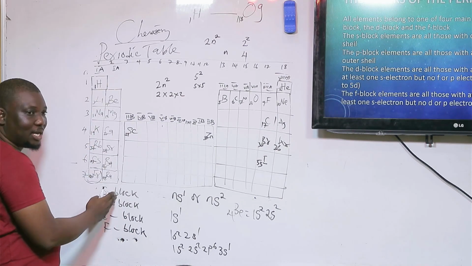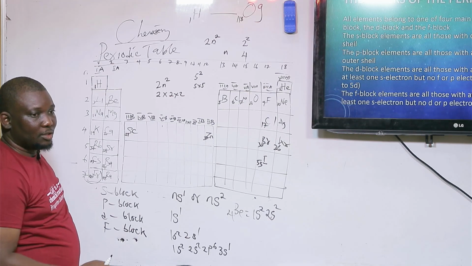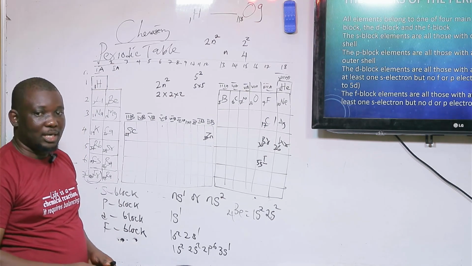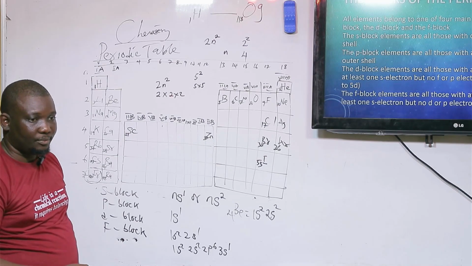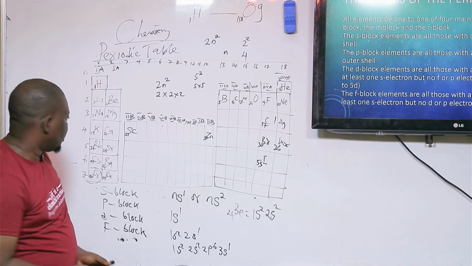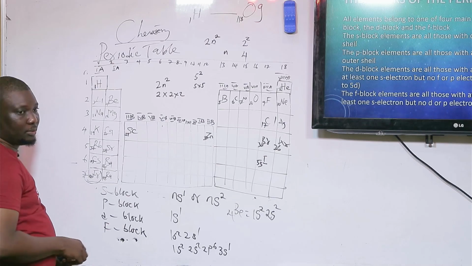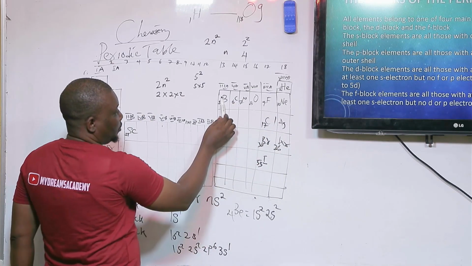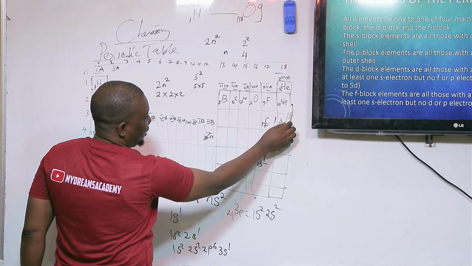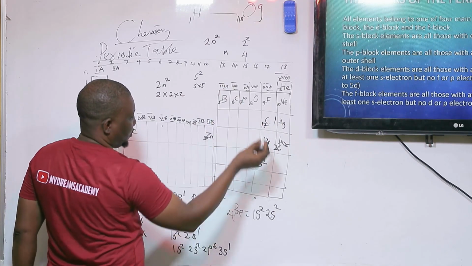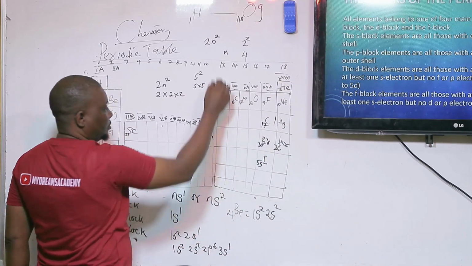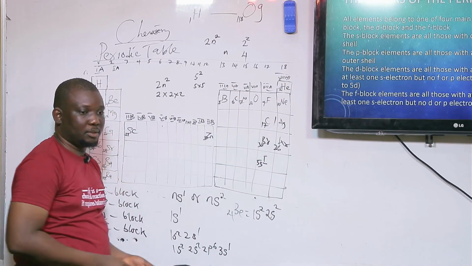These ones are the what? Alkaline earth metals. So the alkali metals alongside the alkaline earth metals are the s block elements. Are you with me now? So these 2 groups are s block. The whole of this block from here to here are all what? P block elements.